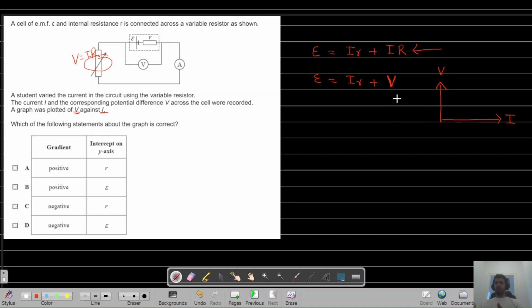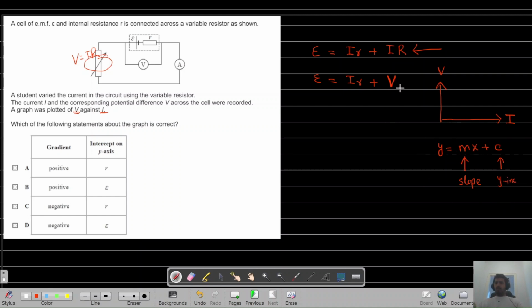And from Ohm's law, we know that the graph between current and potential difference is a straight line. So we can compare this equation with the equation of a straight line, which is y equals mx plus c. We know that this m here is the slope and c is the y-intercept of the graph.